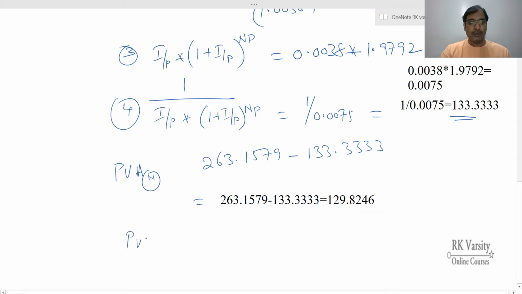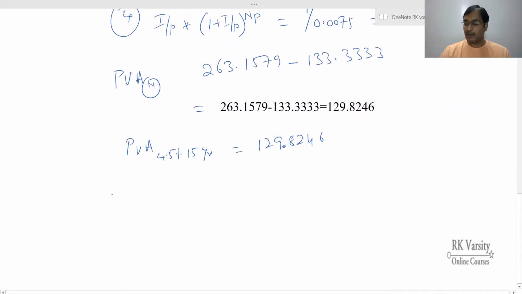So your present value annuity factor at 4.5% and 15 years compounded monthly equals 129.8246.